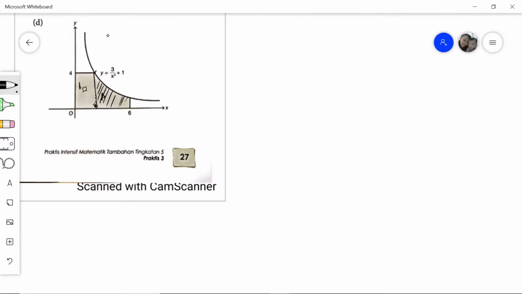But first, we have to find what is the x value at this point when y equals 4. So we put into the equation 3 over x cubed plus 1 equals 4. 3 over x cubed equals 3. Therefore, x cubed equals 1, x equals 1.